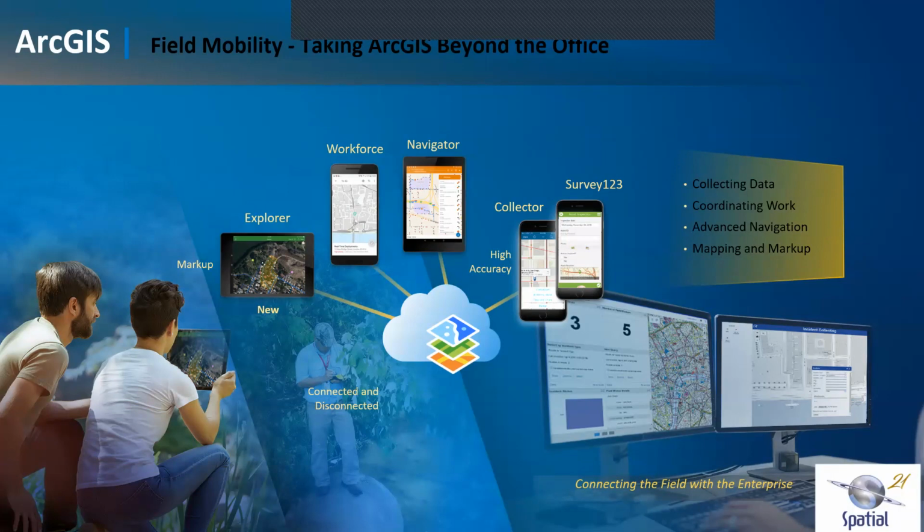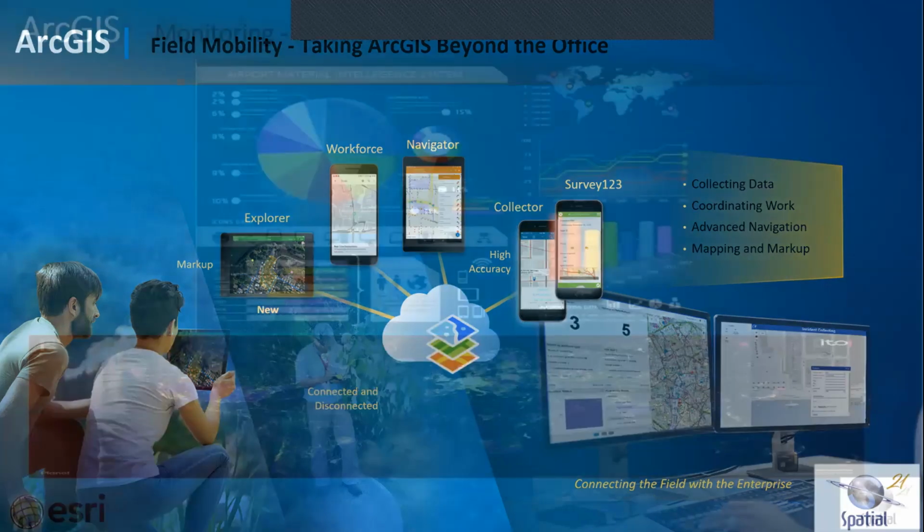So we are taking maps to the field and being able to do markups in a connected and disconnected environment, and then sending them back to the enterprise system at your office. This is all about connecting the field workers back with the core enterprise organization.